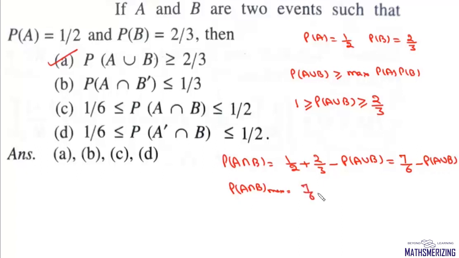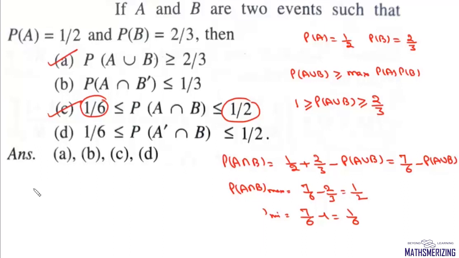So 7 by 6 minus 2 by 3, and there will be 7 minus 4, which is 1 by 2. So its maximum value will be 1 by 2 and will be minimum when we put maximum value of A union B, which is 1, which gives 1 by 6. So this value will lie between 1 by 6 and 1 by 2. So that means option C is also correct.